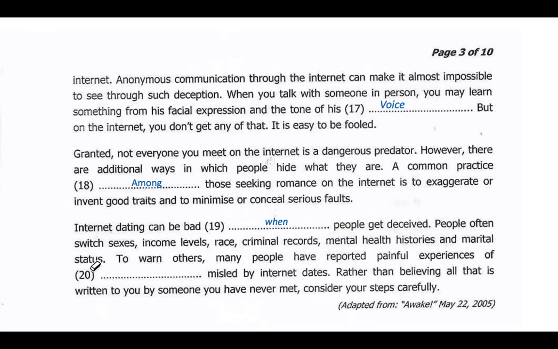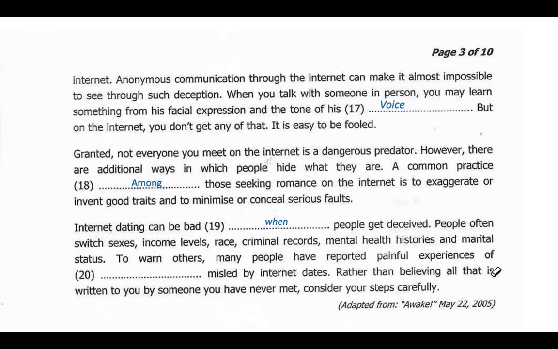People often switch sexes, income levels, race, criminal records, mental health histories, and marital status. To warn others, many people have reported painful experience of being misread by internet dates. So let's look at this part. To warn others, many people have reported painful experience of being.